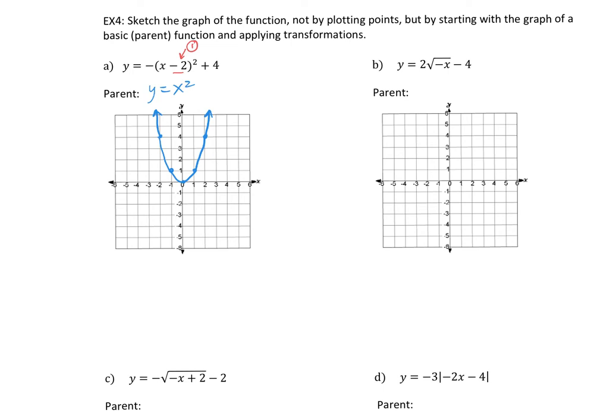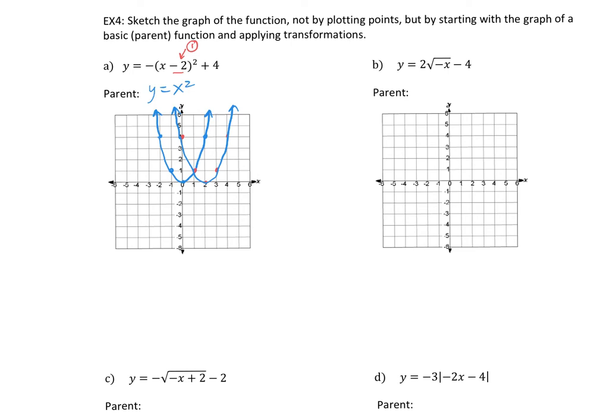I'm going to go from 0 to 2, 1 to 3, and then here at 2, 4. I think I got it. Well, maybe I'll just keep it as blue. Okay, let's double check and see if I've moved everything over 2 units. It looks like I did.